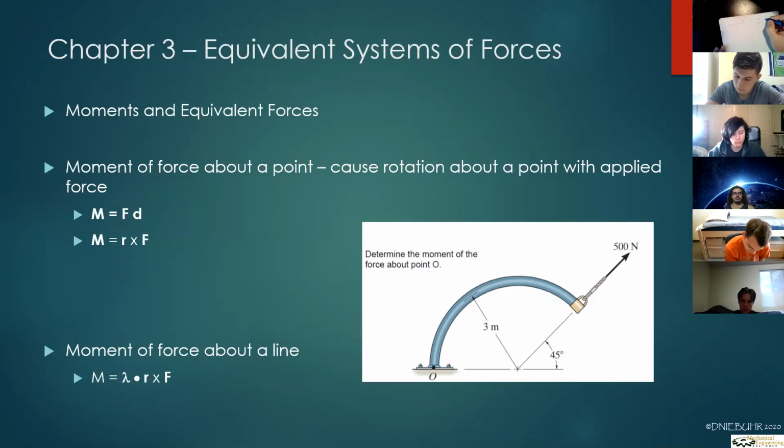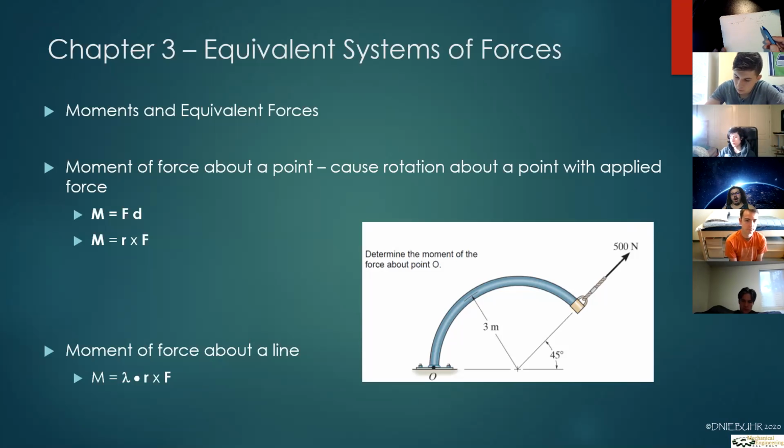And we know the convention is if it goes counterclockwise, it's positive, and if it goes clockwise, it's considered negative. So your answer in this case would be positive. It's going that way. So in 2D, it's pretty easy. We just do force times distance, we're done.